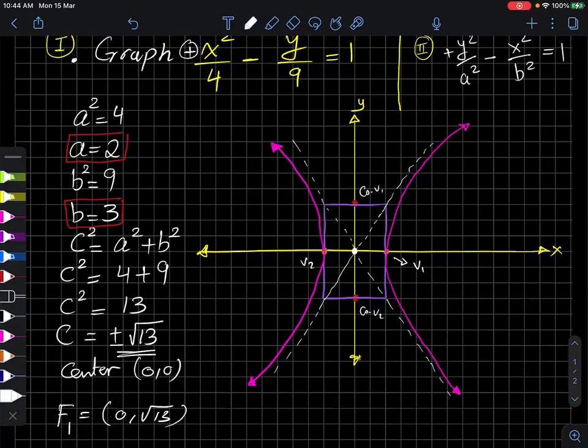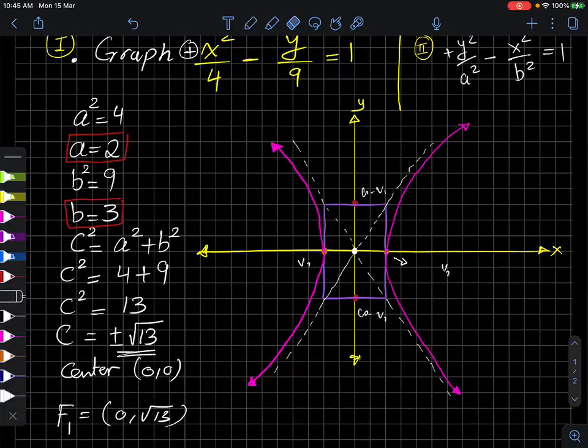The foci will be here, guys, on the transverse axis that passes through the center and the vertices. So can you calculate radical 13 for me? Radical 13 is 3.6. So this is V2 and V1, and this is co-V1 and co-V2.